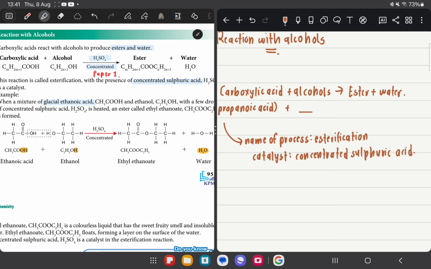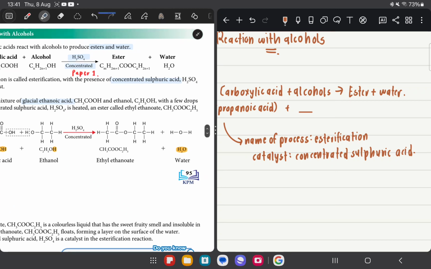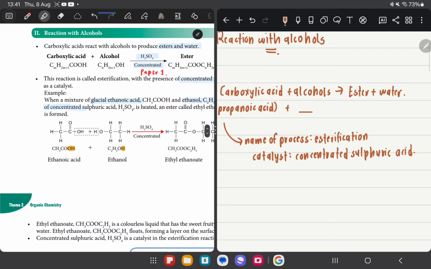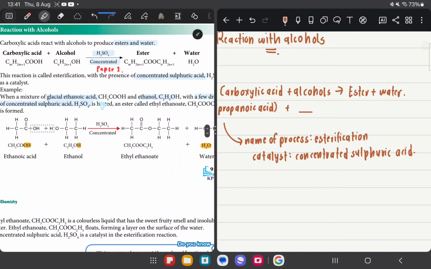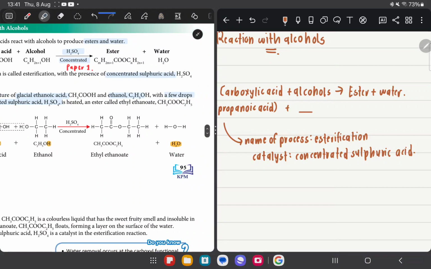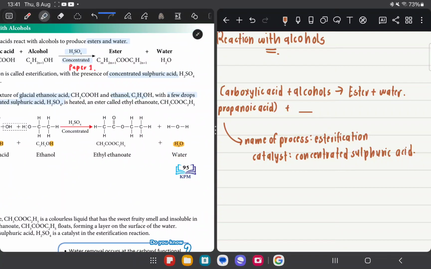So it's not a big deal, but you have to know that we are using a carboxylic acid. That's the most important. And ethanol, okay, you see ethanol with a few drops of concentrated sulfuric acid. This is usually not placed beside the ethanol. You have to draw an arrow, and above the arrow you put concentrated H2SO4. Got it? Don't put it in the wrong place. And it is heated, so it produces the ester called ethyl ethanoate and water as the side product.